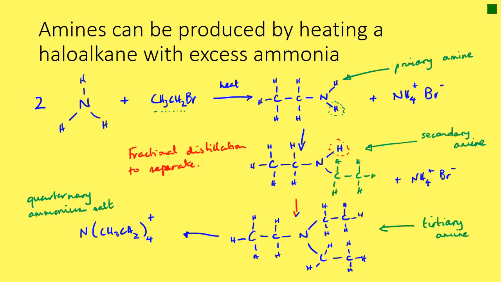So in our first long convoluted learning objective, we said we were going to make some amines. Let's start off simply, by making some amines by heating a haloalkane with excess ammonia. So let's start off with some ammonia, and we need 2 molecules of ammonia, and we're going to react that with a haloalkane.